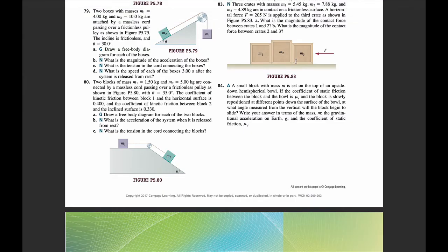Next, we are asked to find the speed of the boxes when time is equal to 3 seconds. What is the speed of each of the boxes 3 seconds after their system is released from rest? So let's recall that we have kinematic equations. Remember I was saying that we're essentially moving in one dimension. From one or two problems ago where we had a pulley problem, I expanded the pulley, and we could see that we're really just moving in one dimension along a rope.